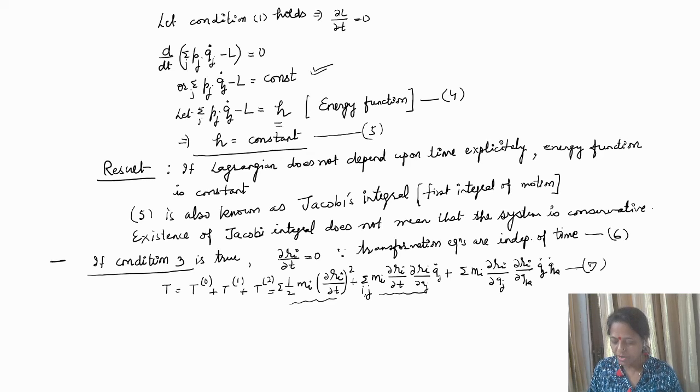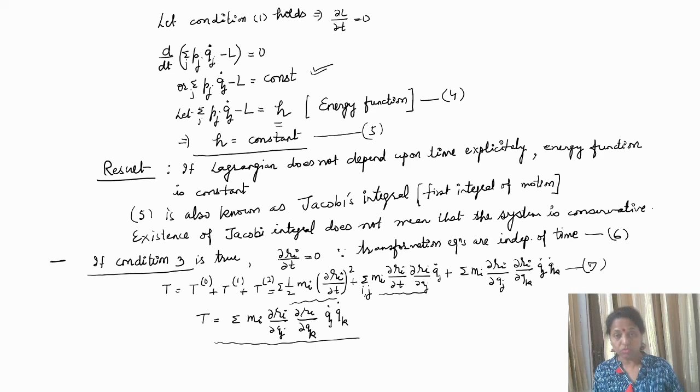Here again you are having derivative of r_i with respect to time, so you are left with T equal to sigma m_i delta r_i by delta q_j, delta r_i by delta q_k, q_j dot q_k dot. So T is a homogeneous quadratic function of q dot.